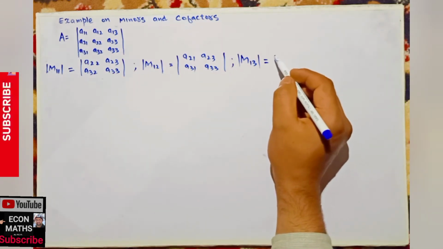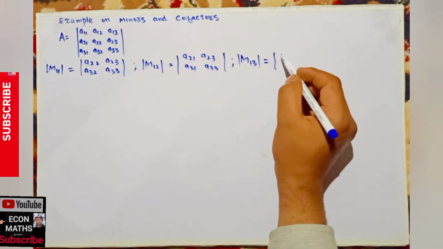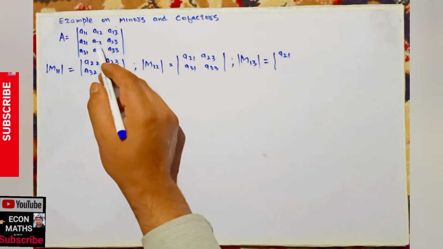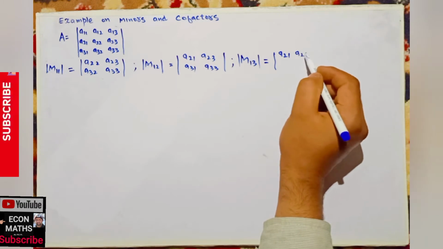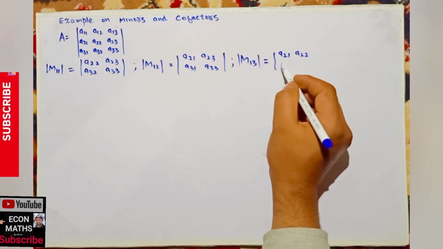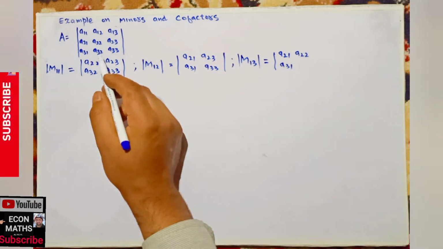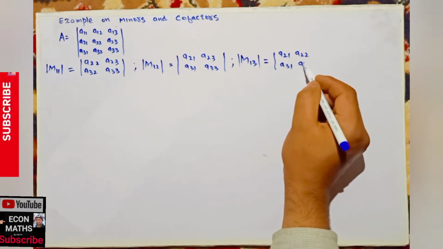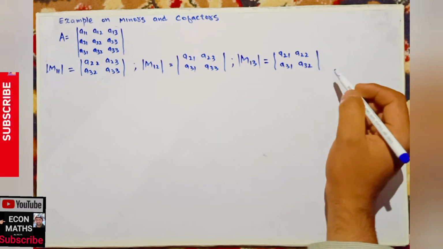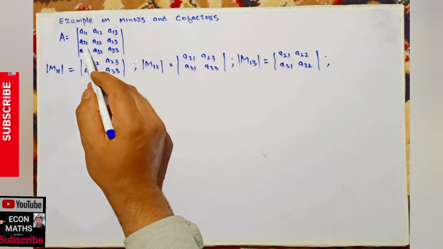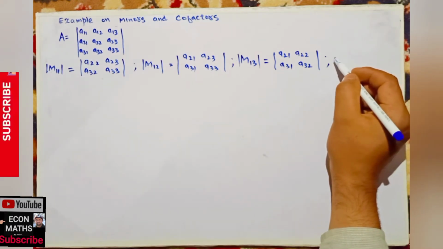So the third minor will be A21, A22, A31 and A32.